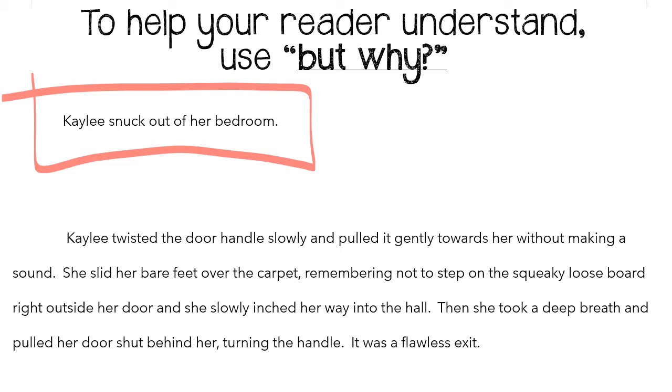She slid her bare feet over the carpet, remembering not to step on the squeaky loose board right outside her door, and she slowly inched her way into the hall. Then she took a deep breath and pulled the door shut behind her, turning the handle. It was a flawless exit. So I took that one sentence and I turned it into a whole paragraph where I showed all the steps.